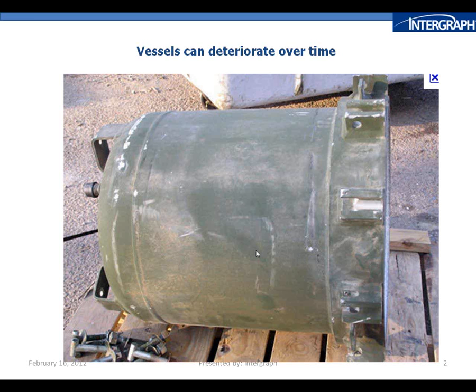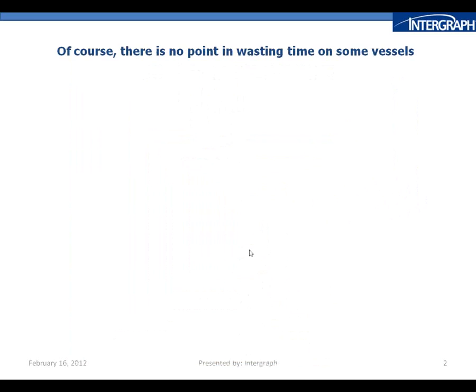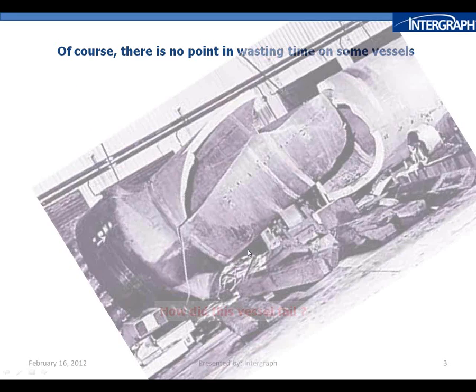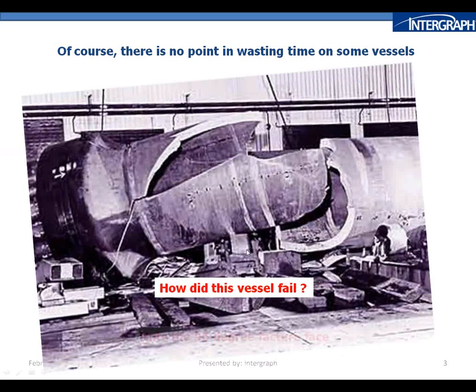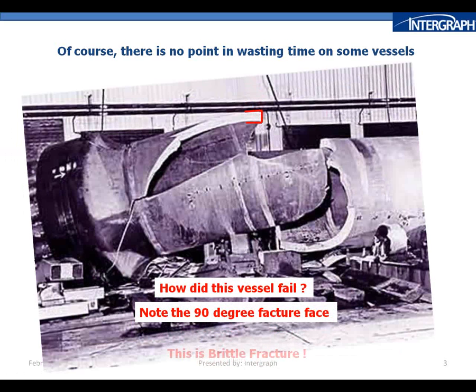Okay, we can see vessels deteriorate over time. No point in wasting our time on some vessels. Just quickly show this to you again. We have a 90-degree fracture face. This is an indication of brittle fracture. As I said, this is not the subject of our discussion this morning.